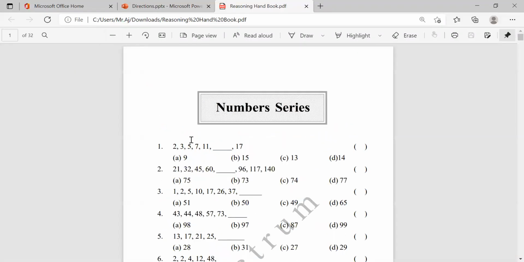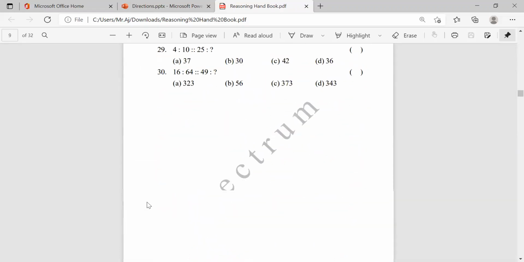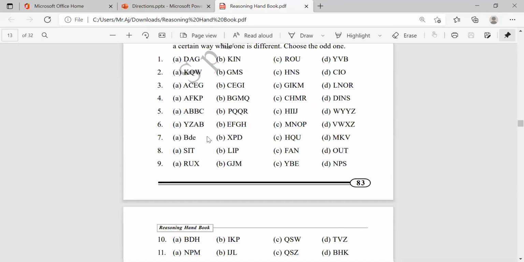So here also some of the problems are there in the same manner. So try to solve this one.